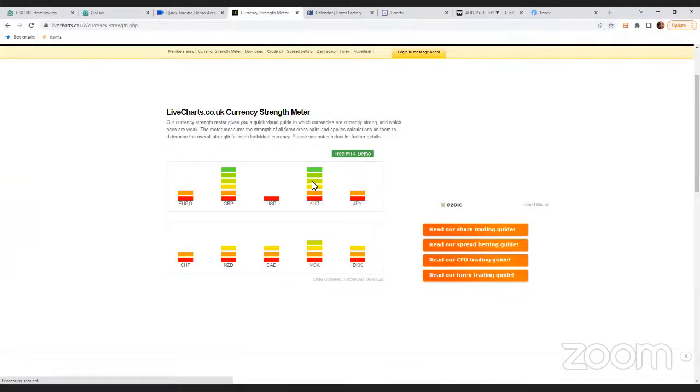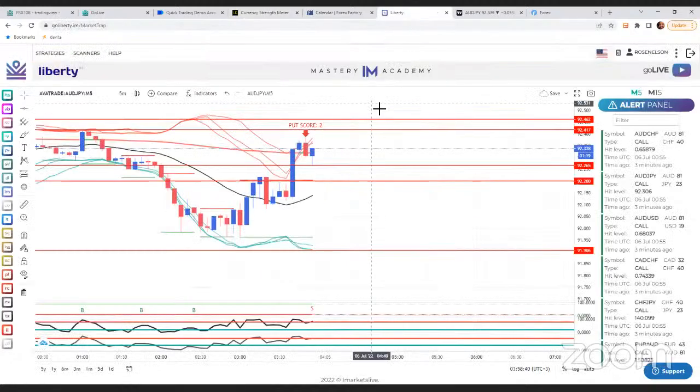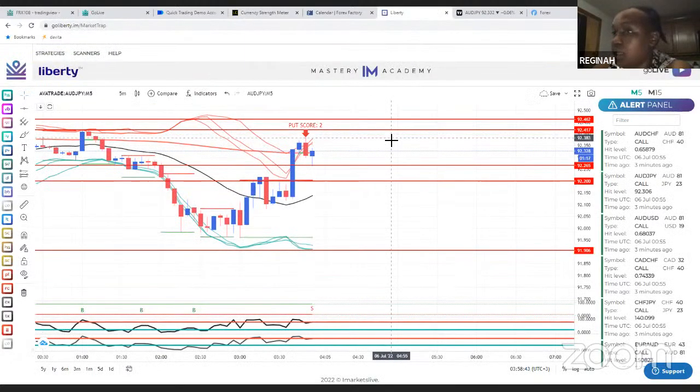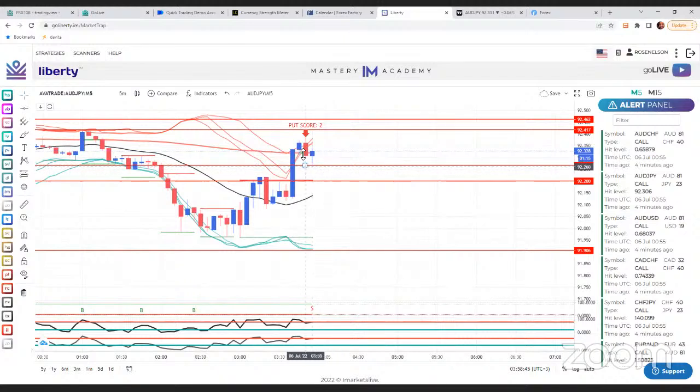If it's buying, go for it. Chart your 5 minutes, the shortcut way. AUD, USD. Do your 5 minute, chart your Ivan Cabral lines.